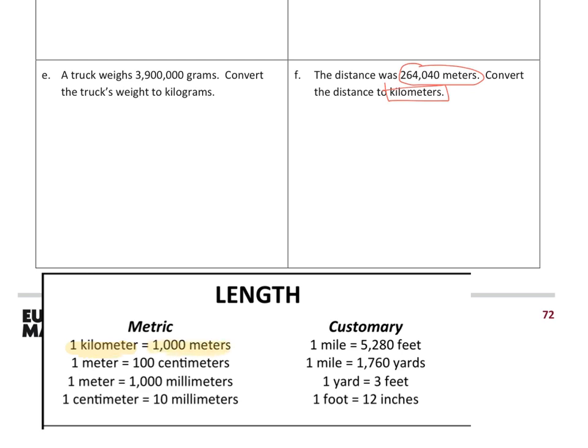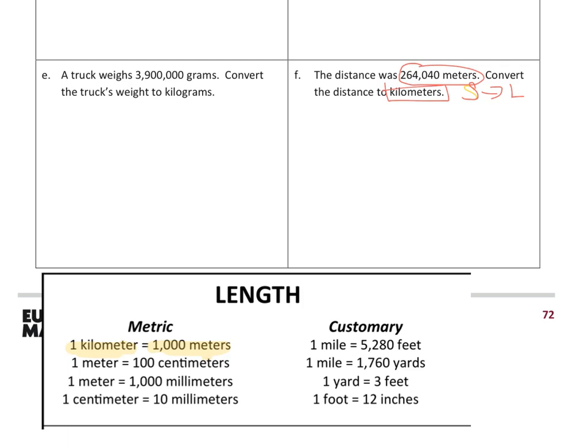So 1 kilometer is bigger than 1 meter. So on our problem, we're actually going in the reverse direction. We're going from small, keep using that yellow, small to large, because meters are smaller. 1 meter is smaller than a kilometer.